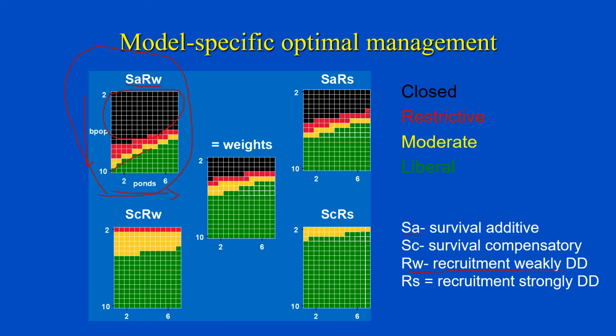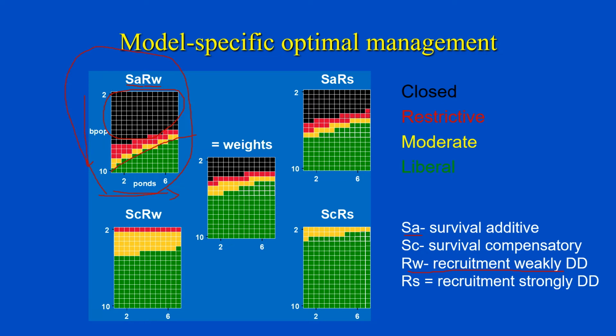That's why this line in the green is liberal harvest, yellow is moderate, red is restrictive. So you can see that you move from liberal harvest to no harvest, largely as a function of population size, but also the number of ponds.